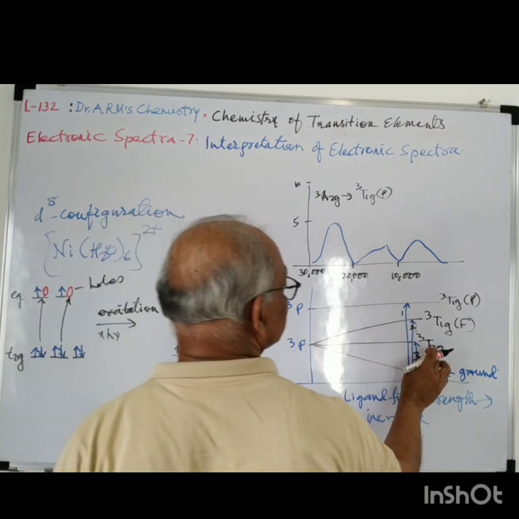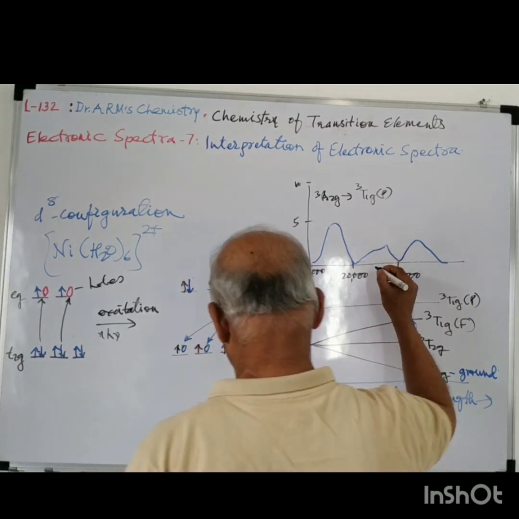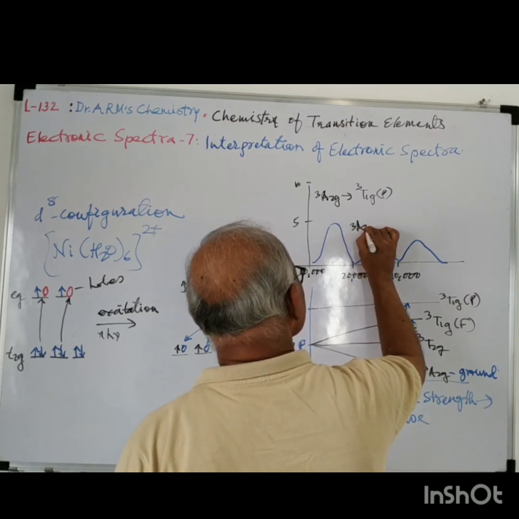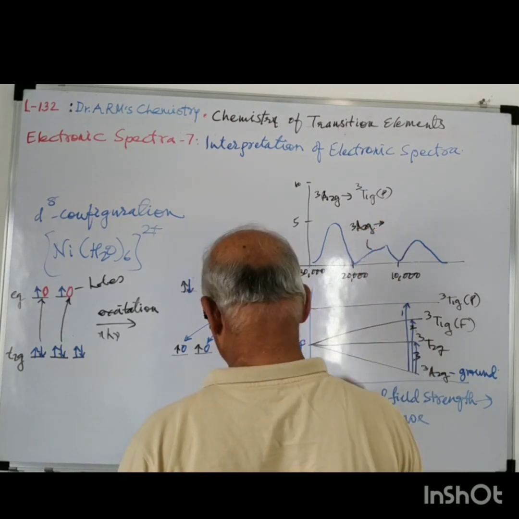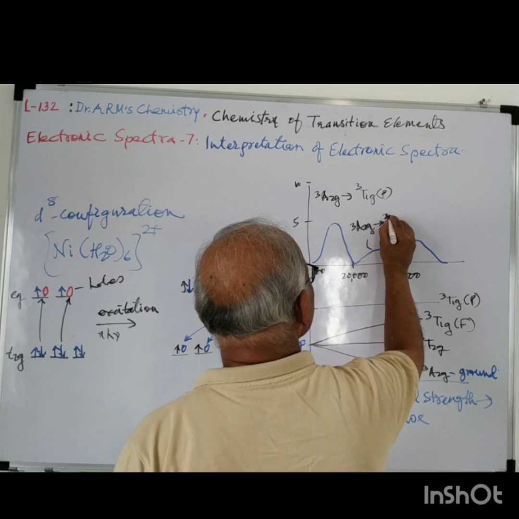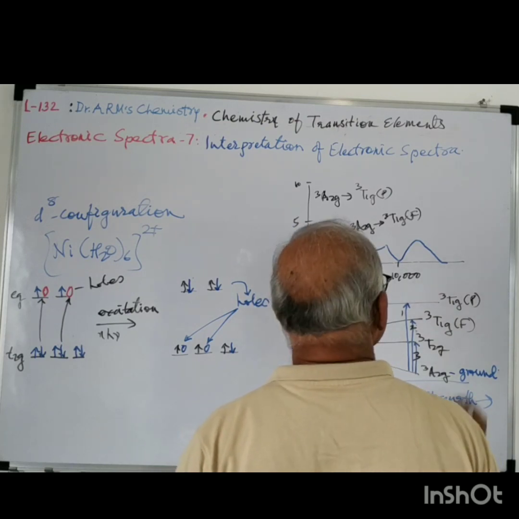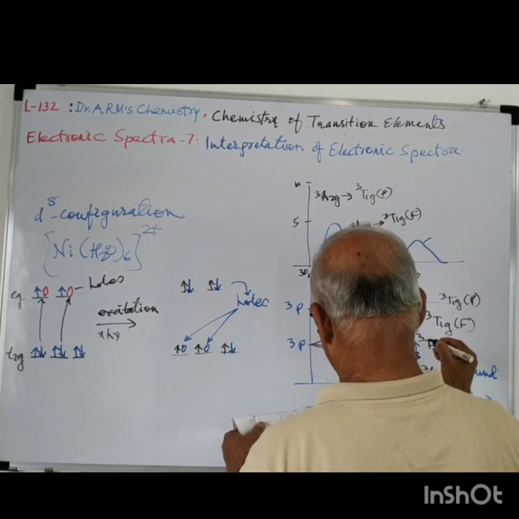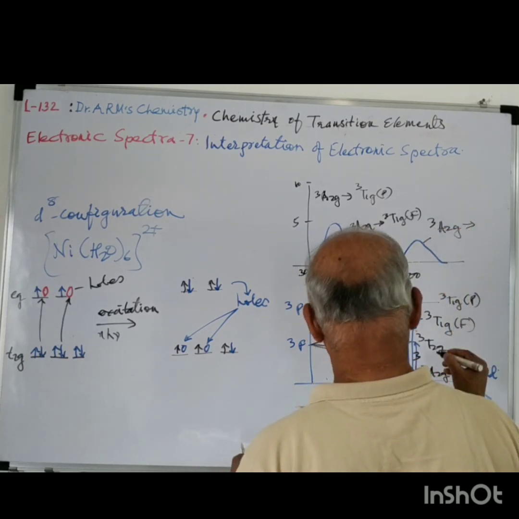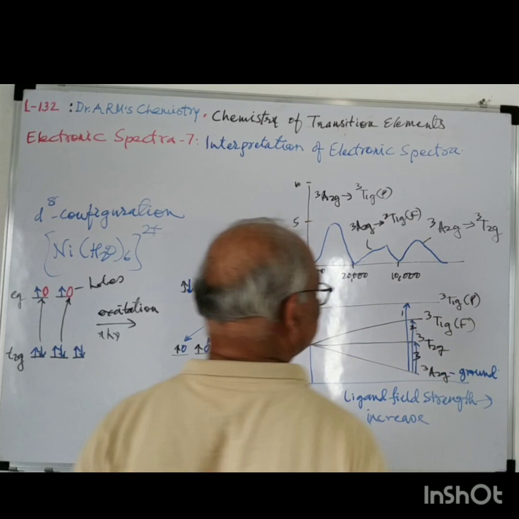Then the second one is here, triplet A2G to triplet T1G of F, and the third is shown here, triplet A2G to this triplet T2G.